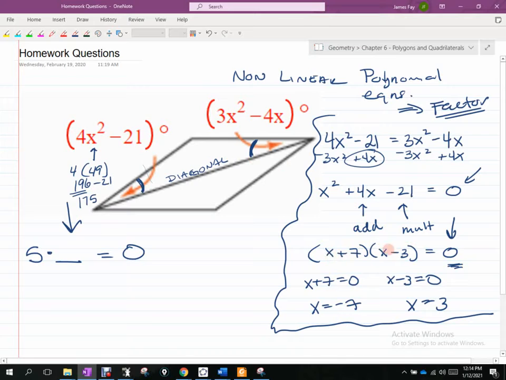Because when we get to this point, we have two numbers. So x plus 7 represents a number, and so does x minus 3. They're being multiplied together to give me 0, so one or both of them have to be 0. So I set it equal to 0, like I did here, and then solve for x. When I subtract 7 from both sides, it gives me negative 7.